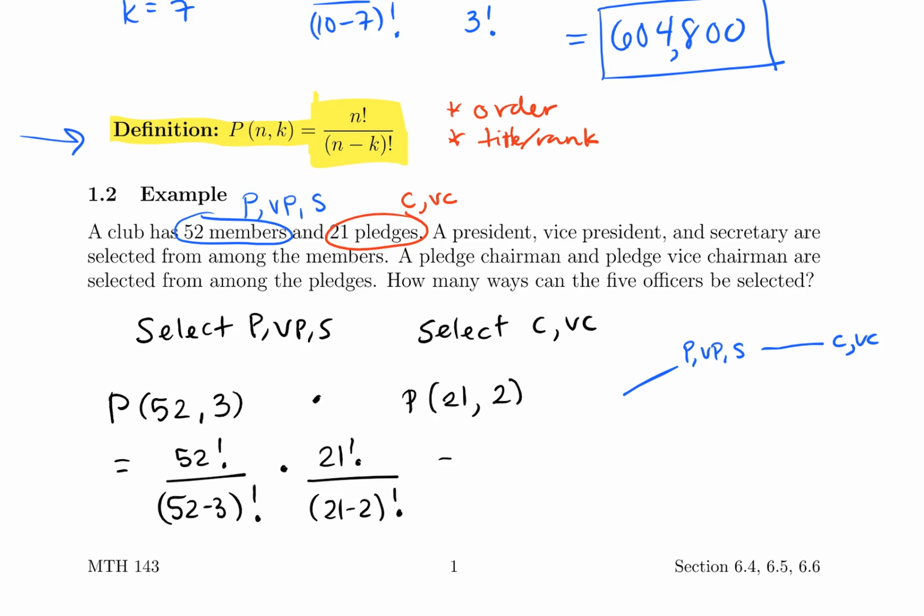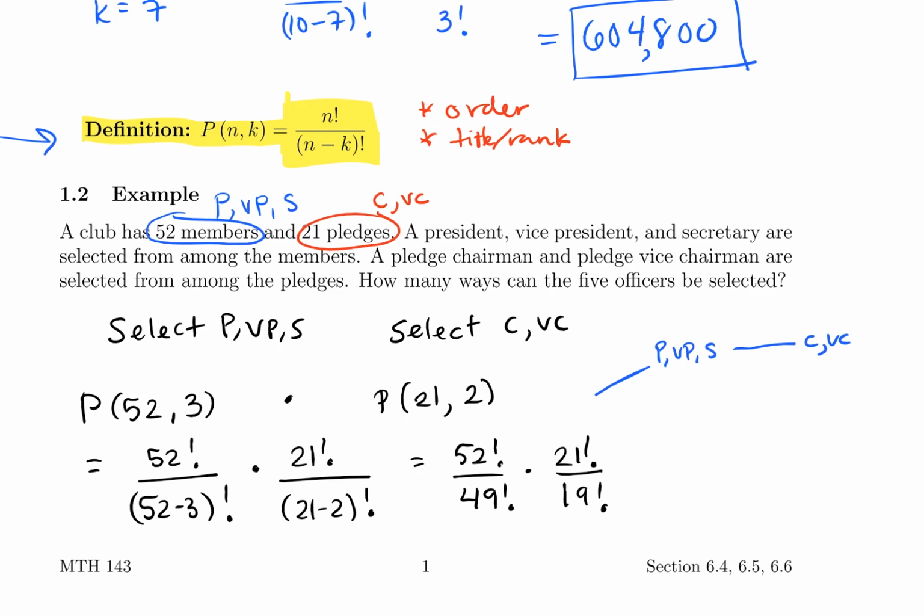And so we'll have 52 factorial divided by 49 factorial times 21 factorial divided by 19 factorial. And we could go ahead and put this in our calculator right now, but we can always simplify our factorial fractions a little bit. Let's think about 52 factorial divided by 49 factorial for a moment.